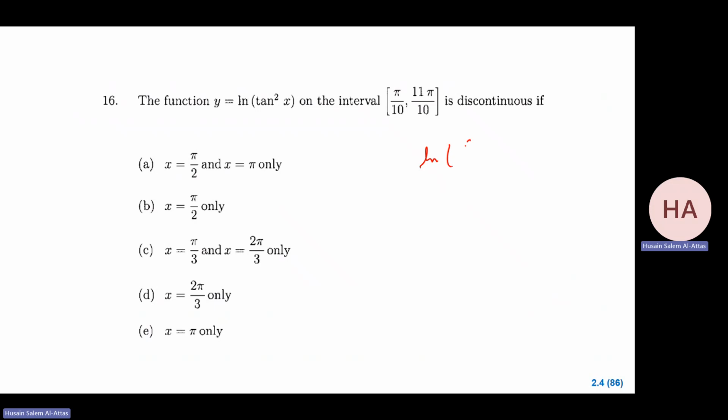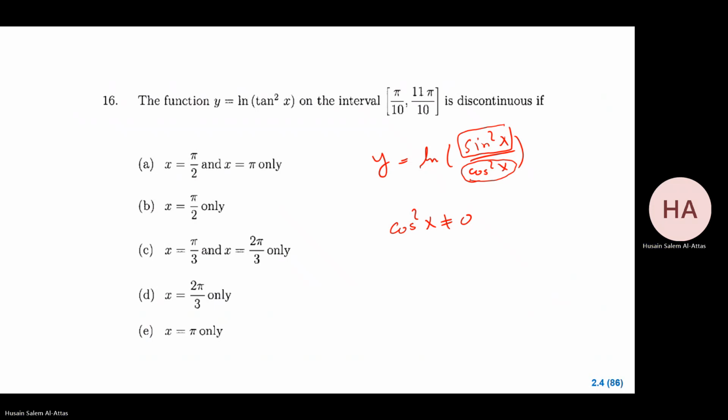That is ln of sine squared x over cosine squared x. That is my y. So what is the domain of this? I need 2 things. I need this to be not equal to 0, this is for sure, and I need this to be not equal to 0 too.